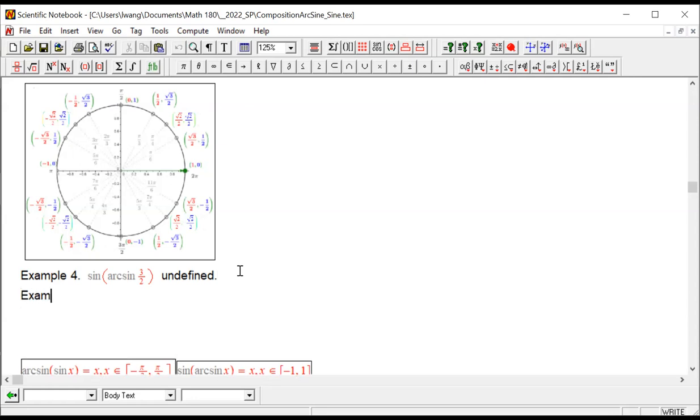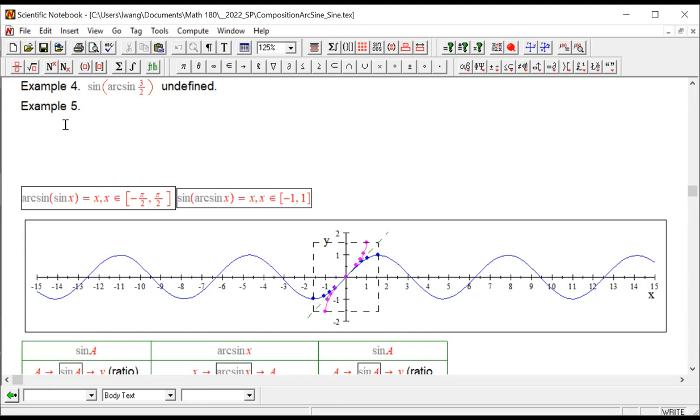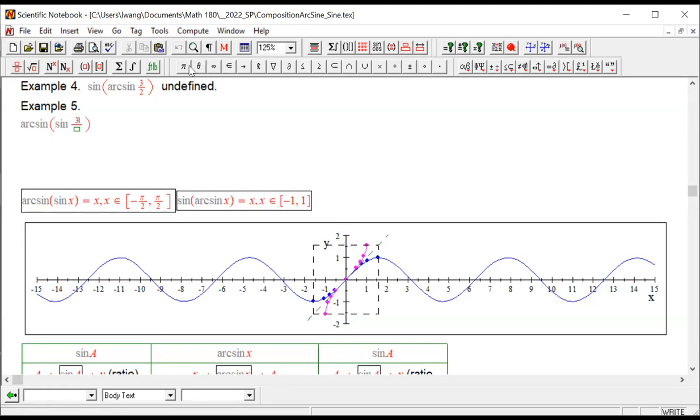Let's do some other, more interesting one, example number 5. The questions are getting harder and harder. So we have arc sine of sine of 3 pi over 4.